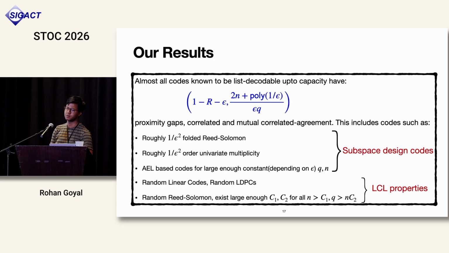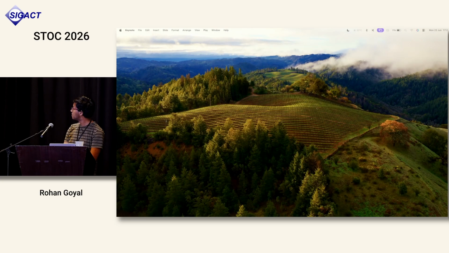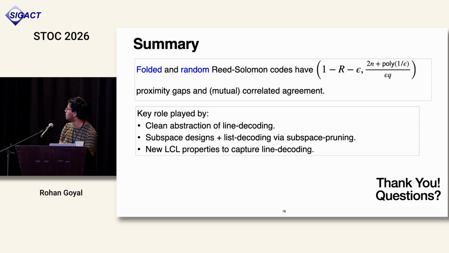And this actually also holds for random LDPC codes. So those are our main results. And I'll just quickly give a summary slide. The key contribution we have is this clean abstraction of line decoding. It makes a lot of the previous proofs look much cleaner. It's implicitly there in many works, but it was never explicitly defined.